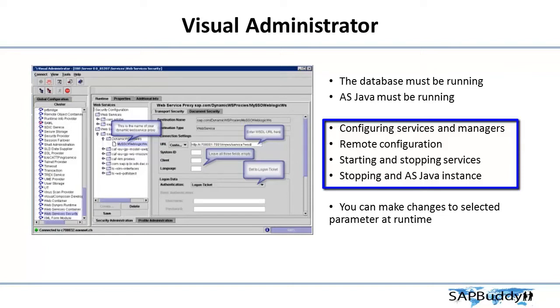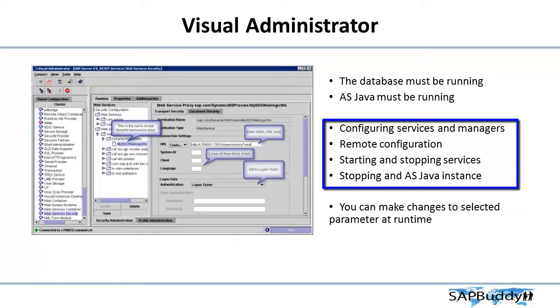If something can be effective during the runtime, you can also change it. You can also use this tool to start and stop the services of Java. However, you cannot change the virtual machine parameters within the Visual Administrator.